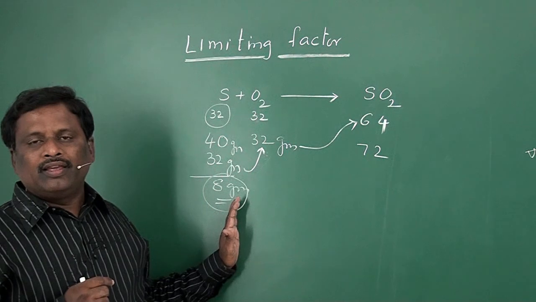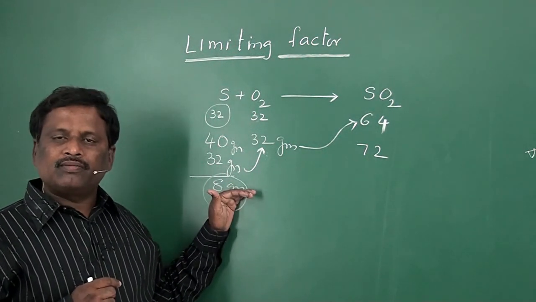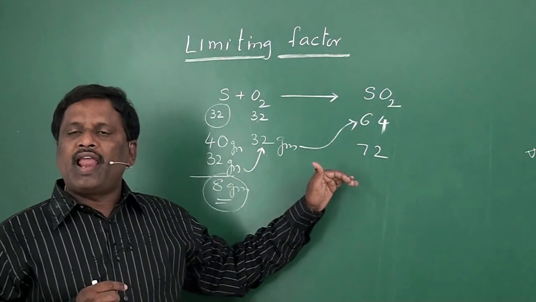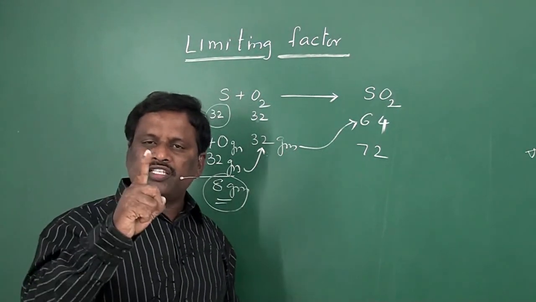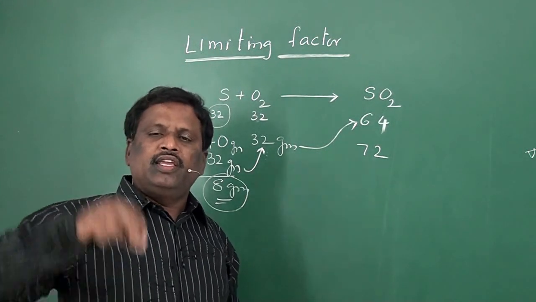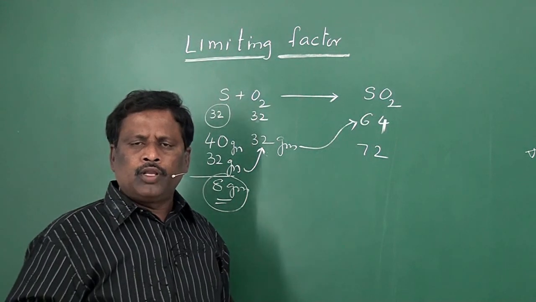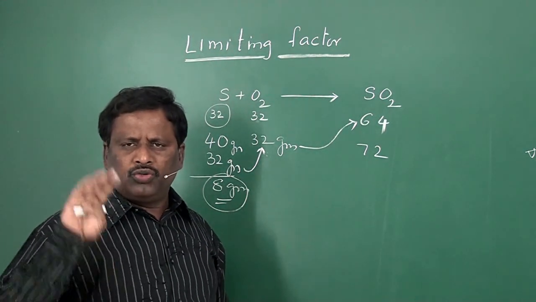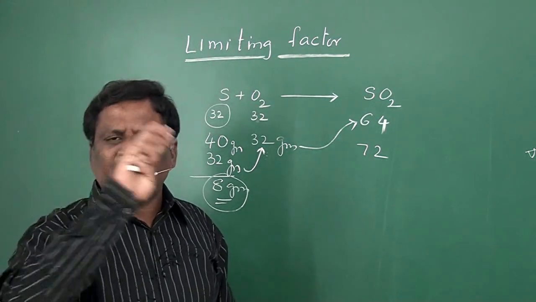So here the reaction was limited to a certain extent because of the lack of sufficient oxygen. In other words, oxygen, which is present in a lesser proportion, limits the reaction to a certain extent. So this factor is said to be a limiting factor.